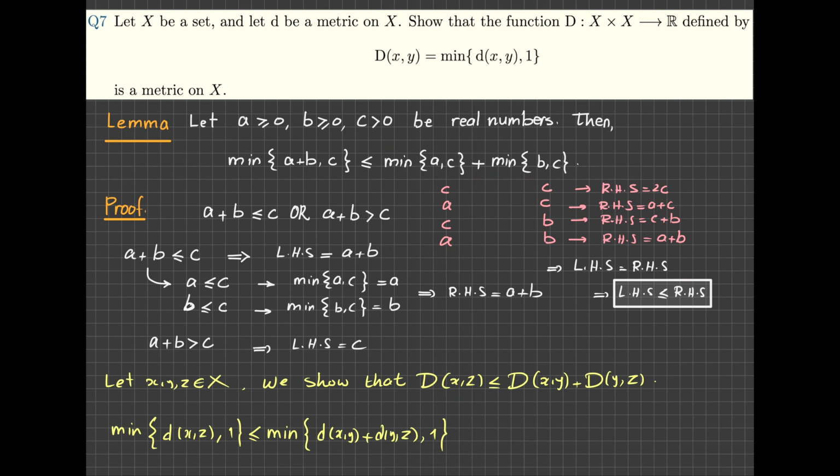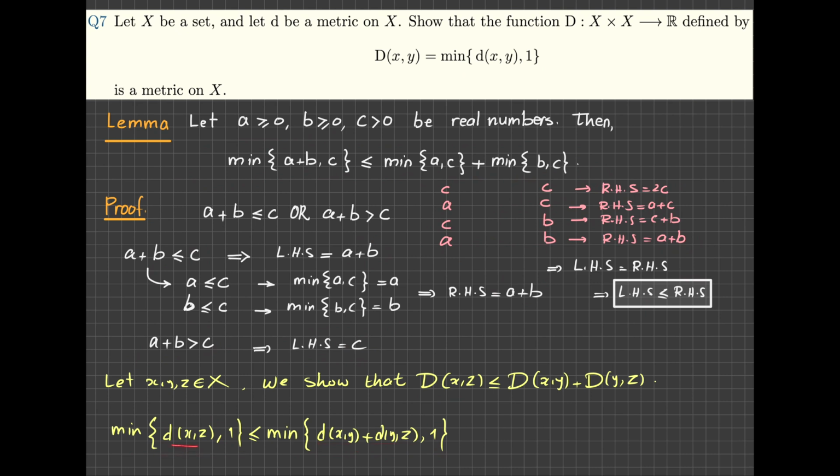Why is that? I am telling you that the minimum of this set is less than or equal to the minimum of this set. Why is this? Because this one and that one are the same, and because little d itself is a metric, we know that this number here is less than or equal to this number. Okay? So I have a set consisting of two elements.